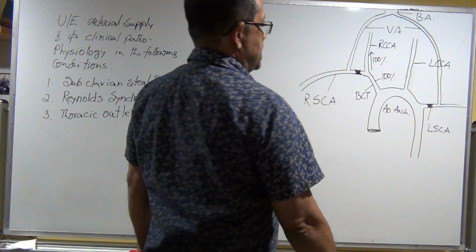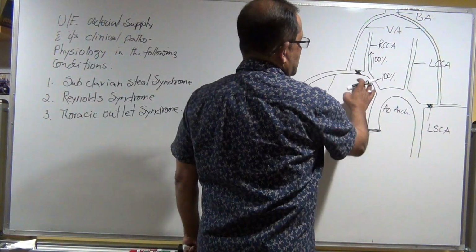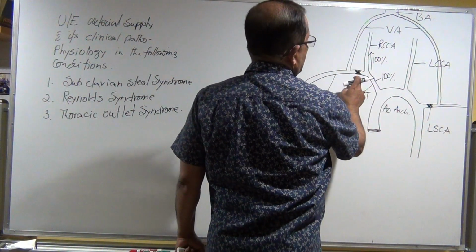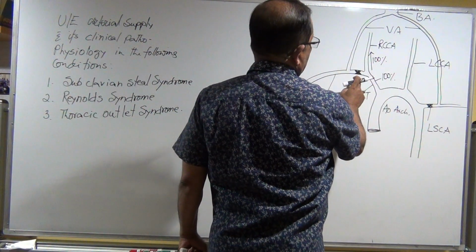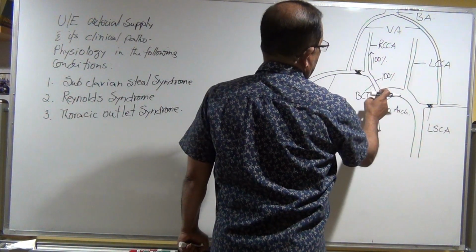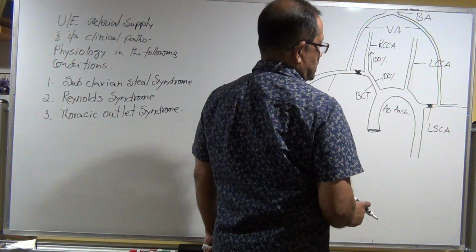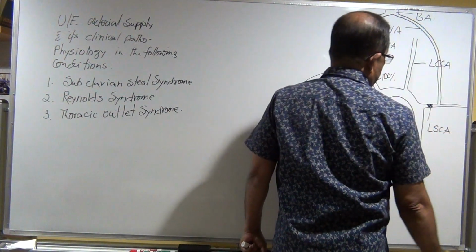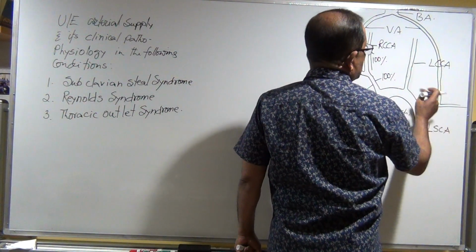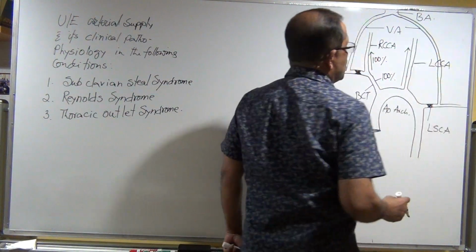Think about the right side: if there is occlusion over here, then all the blood from the brachiocephalic trunk will go to the right common carotid artery. But on the left side, if the subclavian artery is occluded over here, then most of the blood will go through the left common carotid artery.